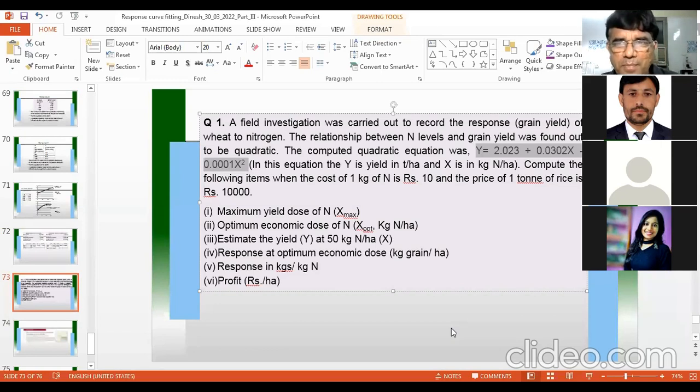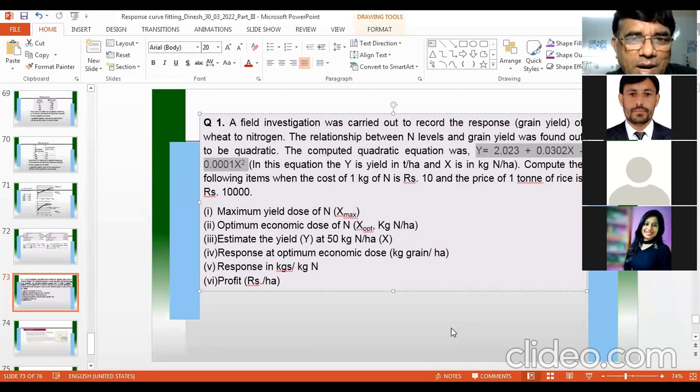Okay, so in this equation, x is given in kilogram. When I fitted this equation, x was given in kg per hectare. So rate of x will be for 1 kg of fertilizer.